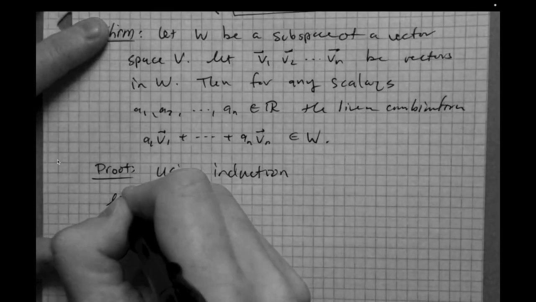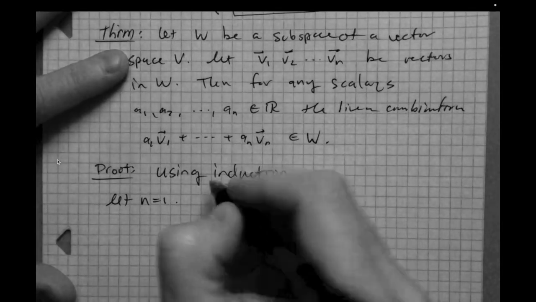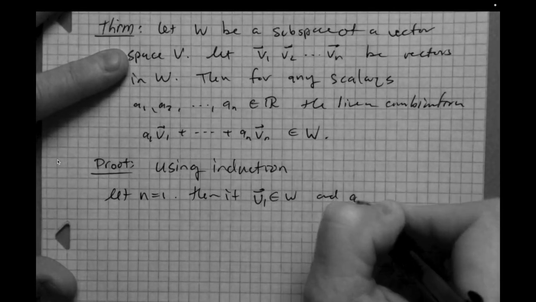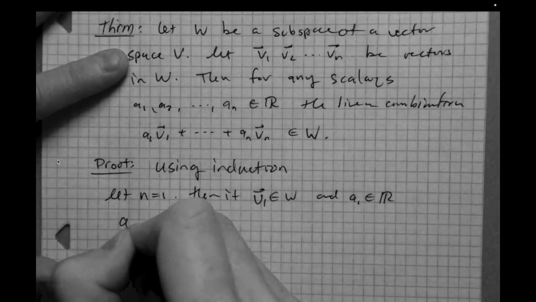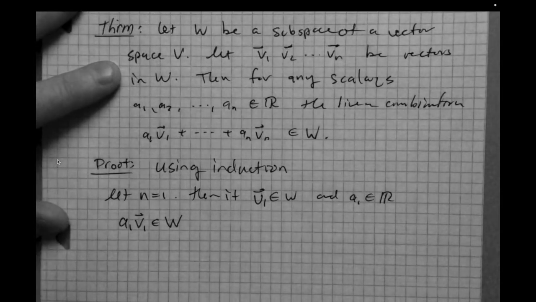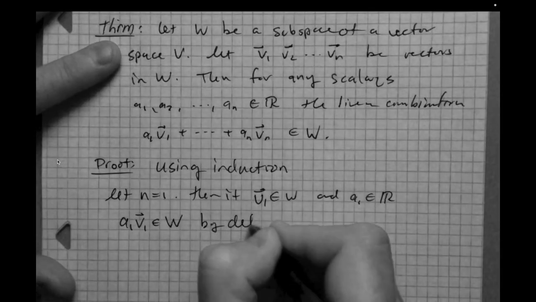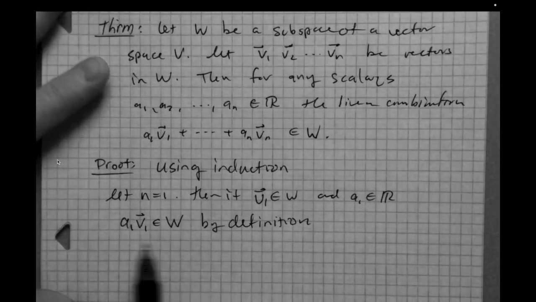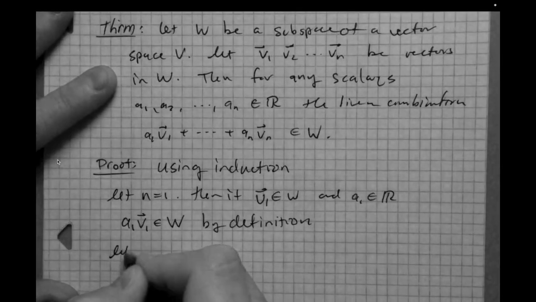Okay, let's let n equal 1. Then if V1 is in W and A1 is a real number, A1 times V1 is obviously in W by definition of the subspace. W is a subspace, so it's going to be closed under scalar multiplication. And then you could make the mechanism really obvious by doing n equals 2. So let n equal 2.